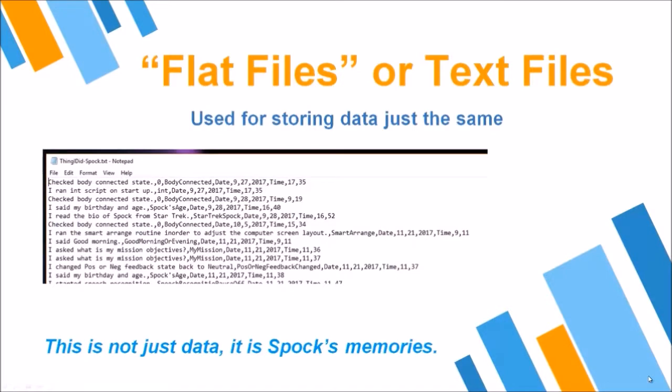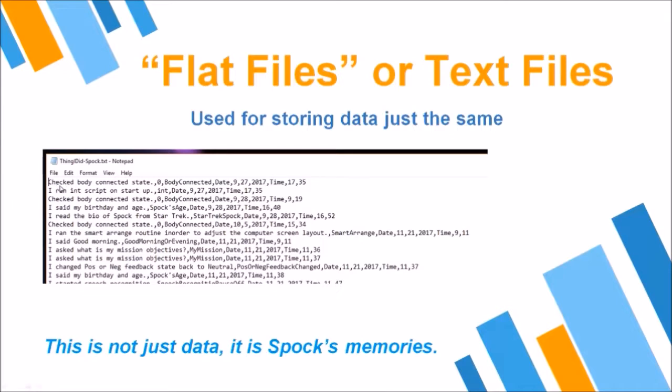Now this is an example of what's called flat files, or just text files, which is what we will be working with inside of EasyBuilder. It can be used for storing data exactly the same way. And this is a snapshot of some data that I've stored from my robot Spock.